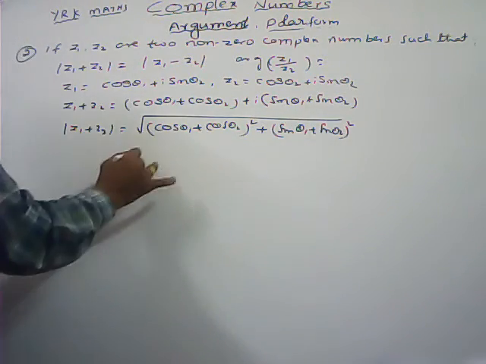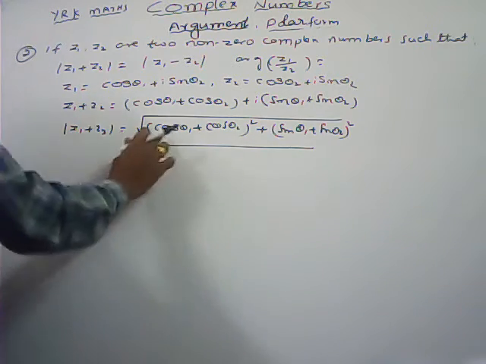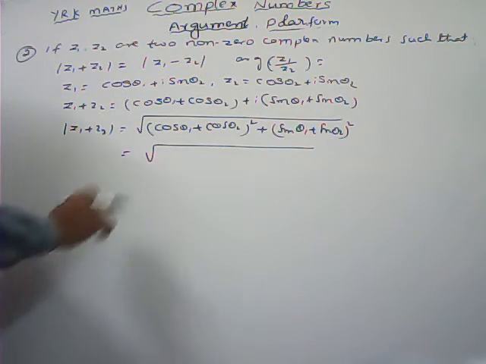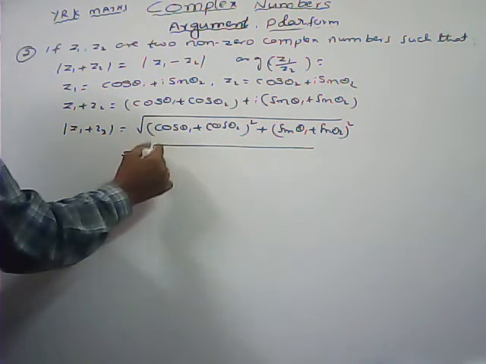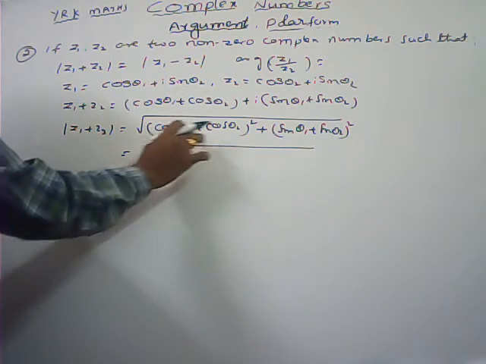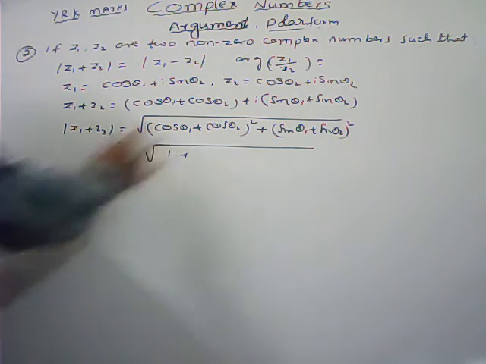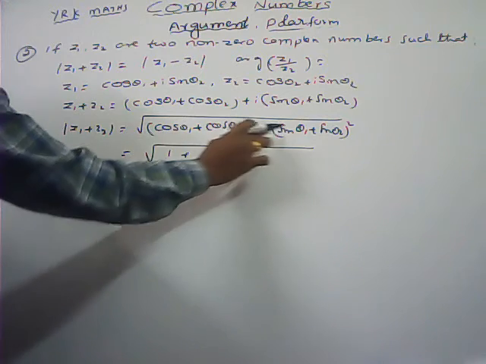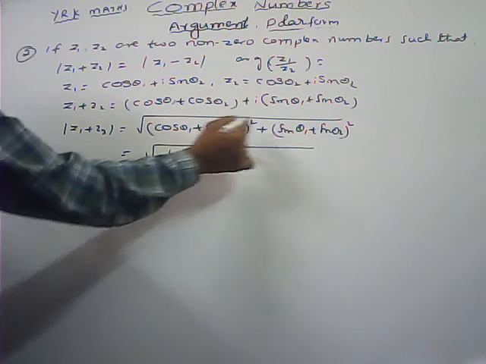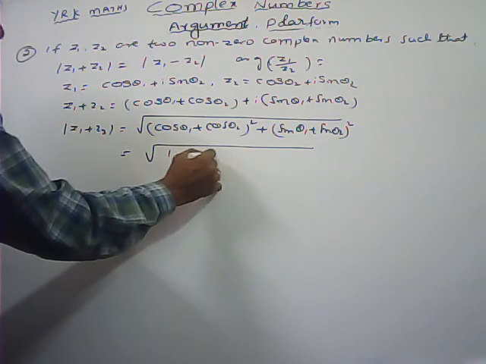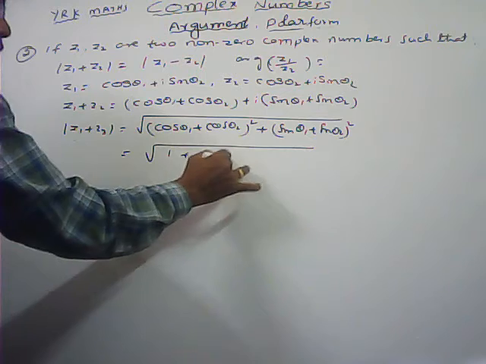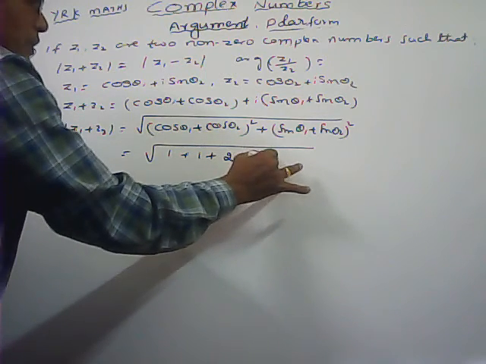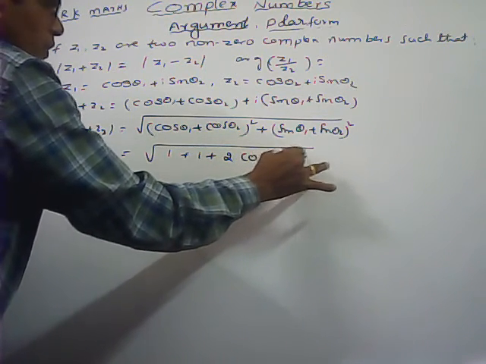that is equal to under square root of, by expanding this one, here cos square theta 1 plus sin square theta 1 we can write 1, here a plus b whole square expand, here also a plus b whole square expand that one, here cos square theta 1 plus sin square theta 1 is 1 and cos square theta 2 plus sin square theta 2 is 1, plus 2ab, 2 into cos theta 1 into cos theta 2.